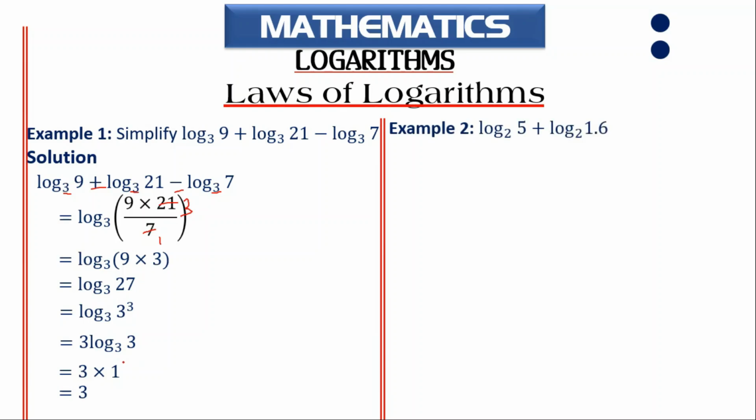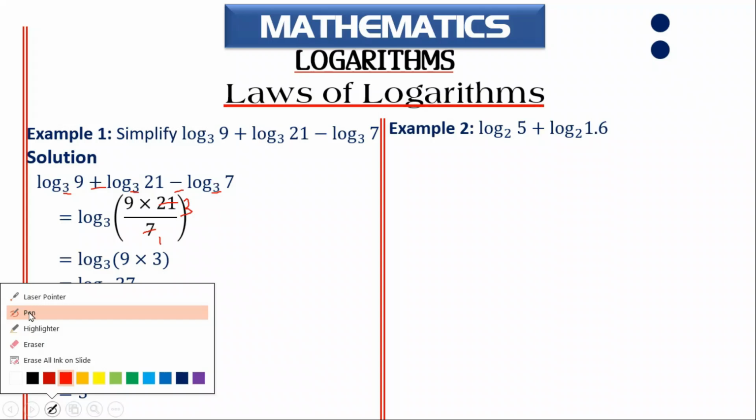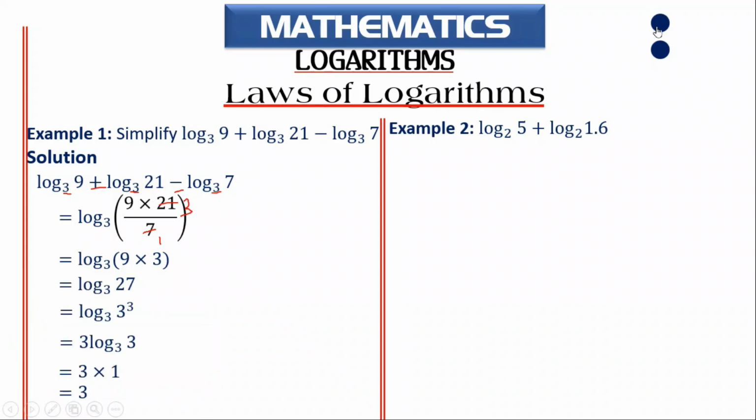Alright, let's take a look at another question. We have log 5 to base 2 plus log 1.6 to base 2. This is the simplest of them all. You agree with me? So, what are we applying here? We're applying our multiplication law.